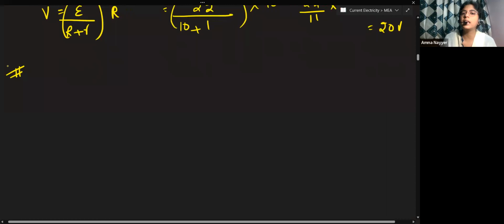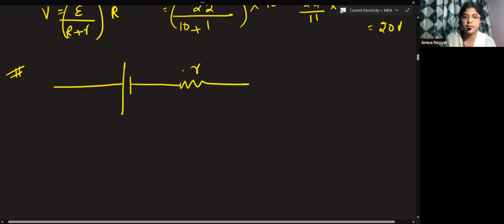One point was left. When you have the current flowing in this manner, this is the resistor connected, this is the EMF of the cell, and in this manner current is coming out of the cell through this internal resistor.